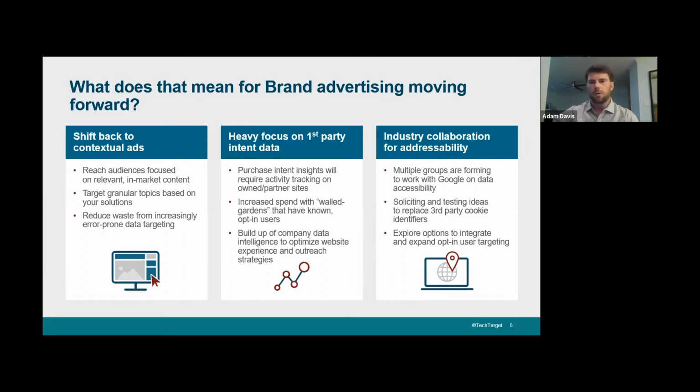There's different stakeholders from different pieces of the puzzle all coming together, trying to work together to understand and really influence where that's going to go. So, all told, as we approach that 2022 milestone, it's really important for people to partner with the publishers that are going to continue to have intent data, and also the ones that are going to continue to be able to reach targeted audiences.